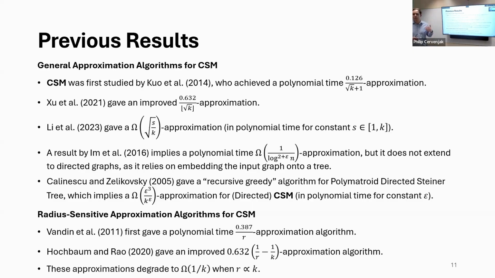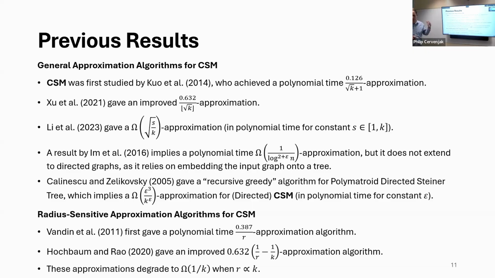And then some of the later works just basically improved on this constant factor. Chu improved this by a factor of roughly 5, and then Lee allowed for a parameter s in the approximation, where s can be any value, but it has to be a constant in order for it to be a polynomial time algorithm.